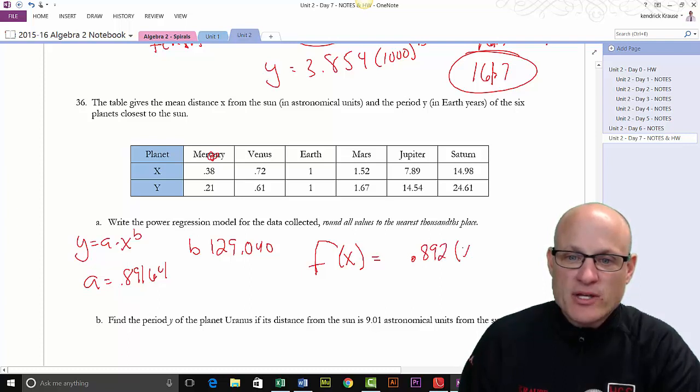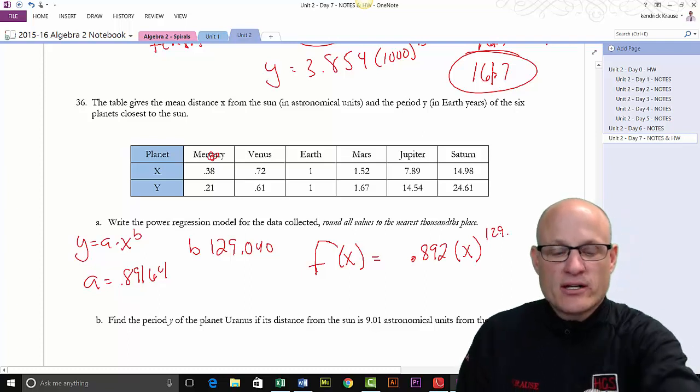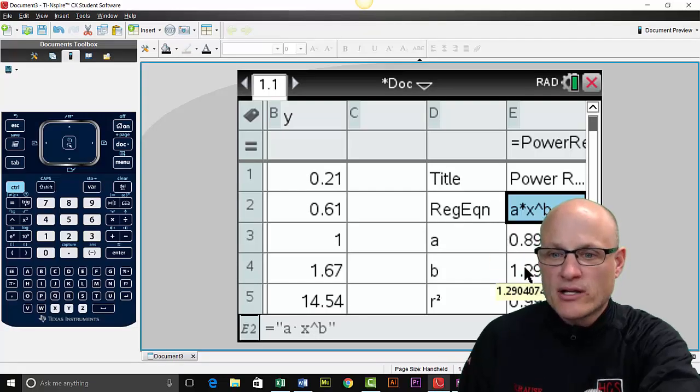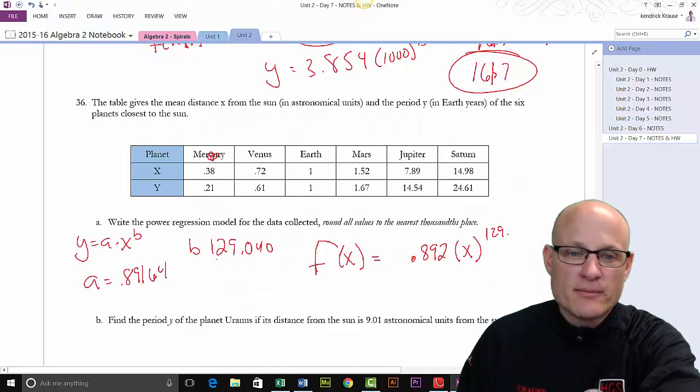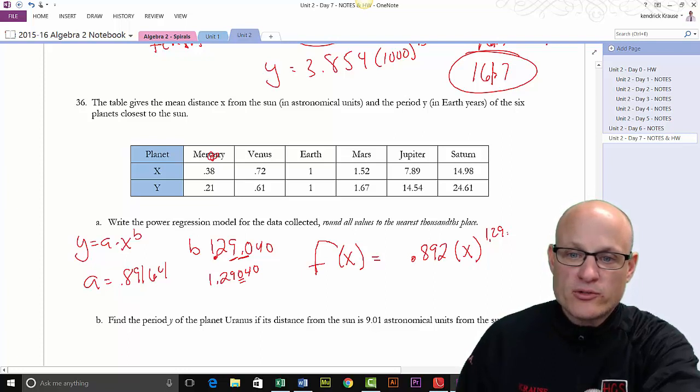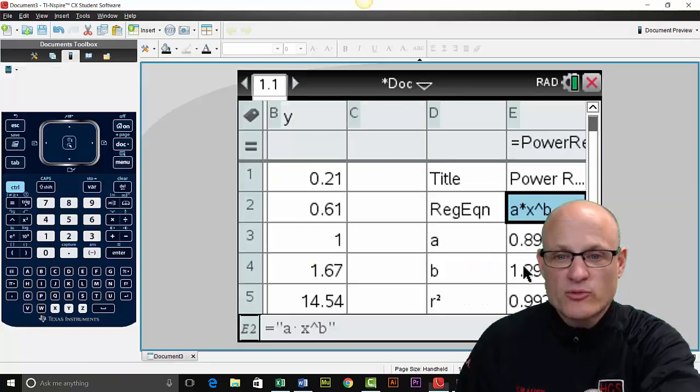Times x to the 1.29040. We're going to round to the thousandths place, so it's 1.290. Ooh, almost screwed that up.